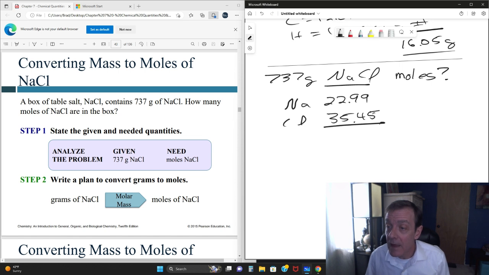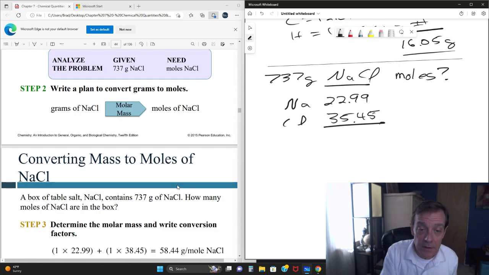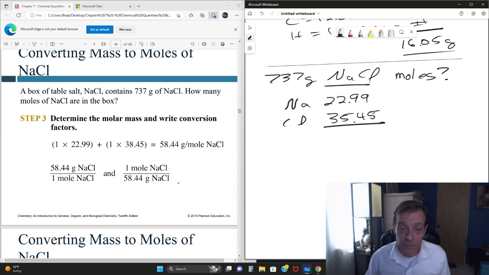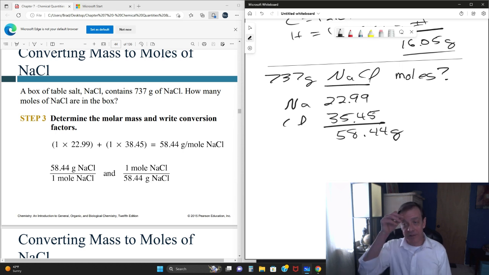Okay, add those together and you get 58.44 grams per mole of sodium chloride. Okay, now we have everything we need to complete this problem.